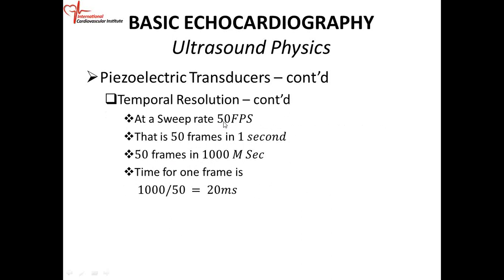Okay? So if you have a sweep speed of 50 frames per second, remember we showed you what a frame looks like. So every second you have 50 frames. Then you will have 50 frames in 1,000 milliseconds, because 1 second is 1,000 milliseconds.